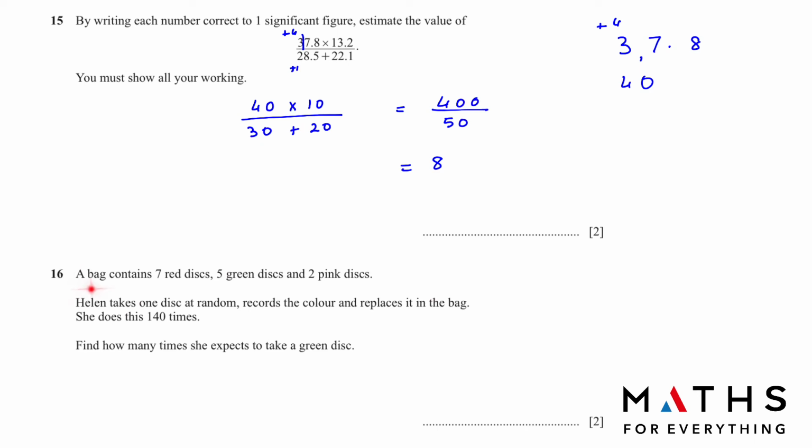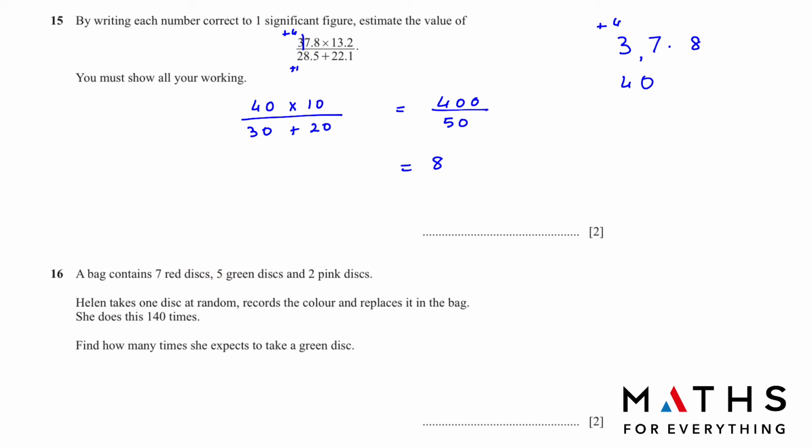Next, a bag contains 7 red discs, 5 green discs, and 2 pink discs. Helen takes one disc at random, records the color, and replaces it in the bag. She does this 140 times. Find how many times she expects to take a green disc. A very easy question. We are looking at green disc.